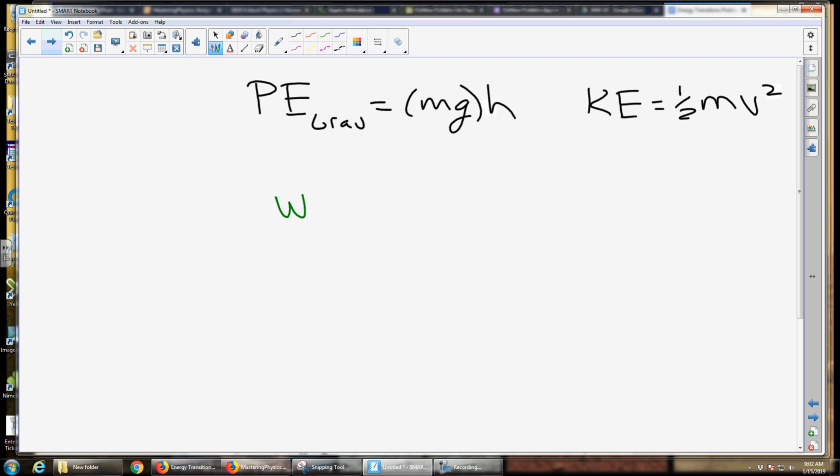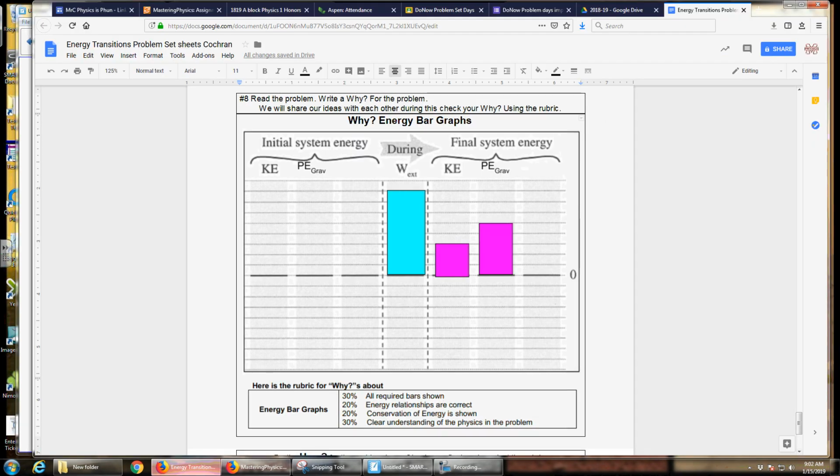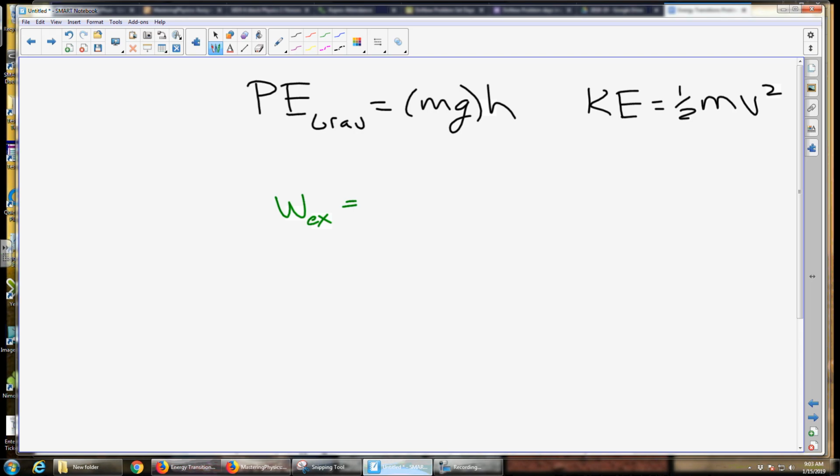So I'm saying that the external work from my Y, the external work done on it, equals whatever its kinetic energy and potential energy is at the end. And so that's what I'm solving for.